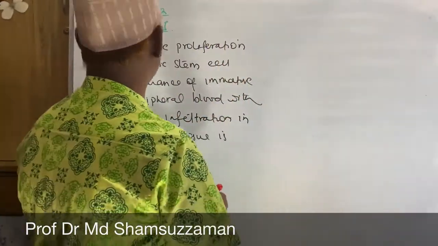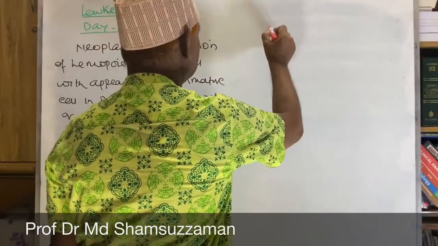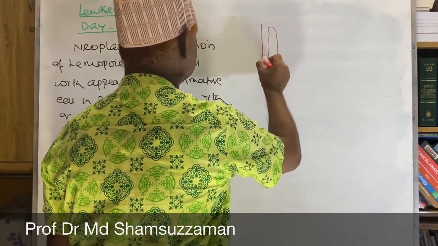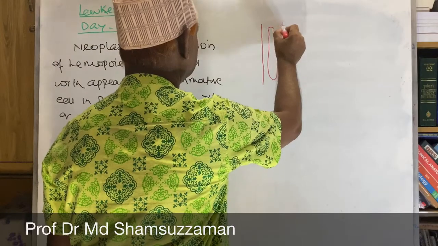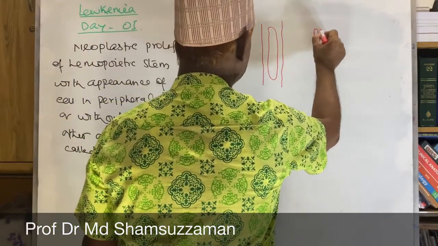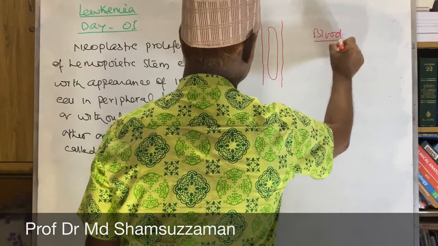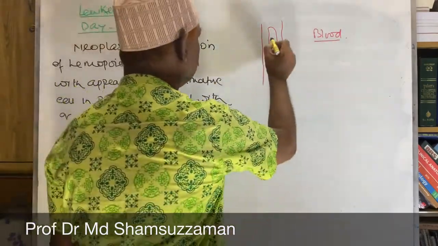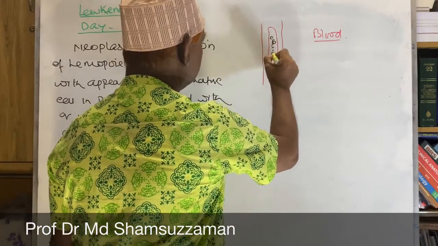Dear audience, this is the medullary cavity, and this is the bone, and this is the blood. By definition, the bone marrow contains hematopoietic stem cell.